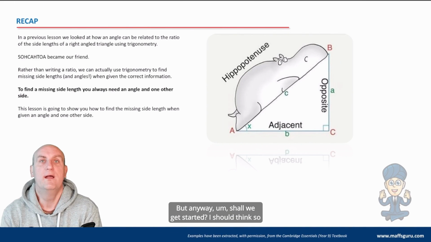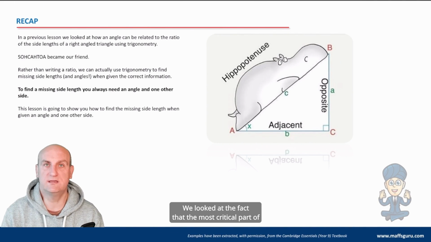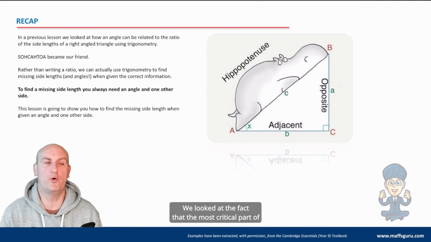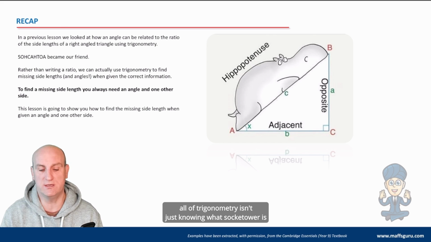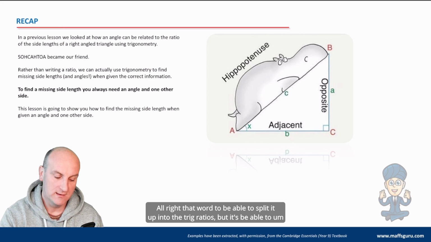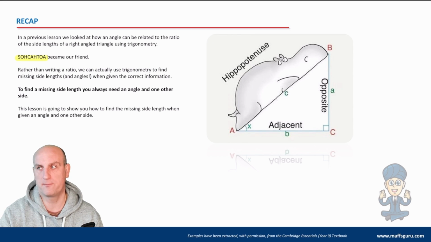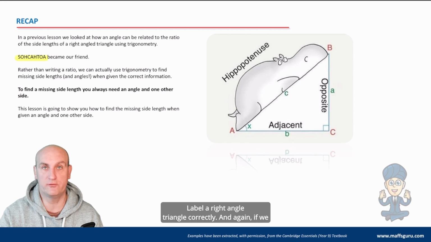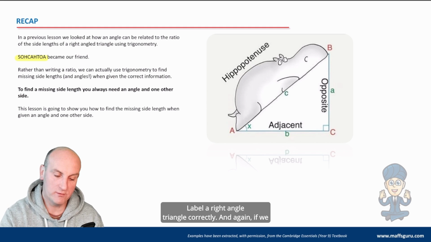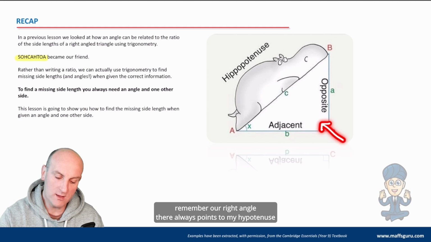In my previous video, we looked at the fact that the most critical part of all of trigonometry isn't just knowing what SOHCAHTOA is, to be able to split it up into the trig ratios, but to be able to label a right angle triangle correctly. If we remember, our right angle always points to my hypotenuse.